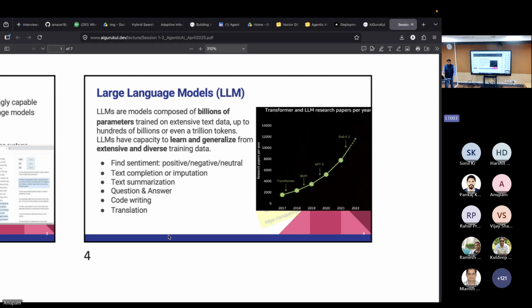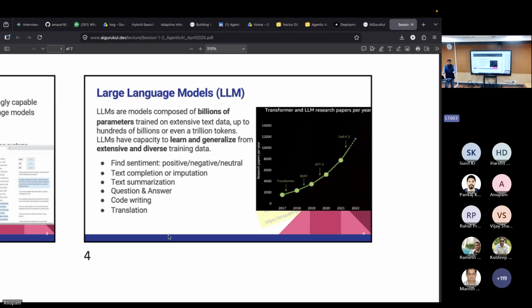For sentiment you would train a binary or multi-class classification model, for translation you may use something like an RNN. But language models have the capacity to generalize, so you can solve all these problems using one model.